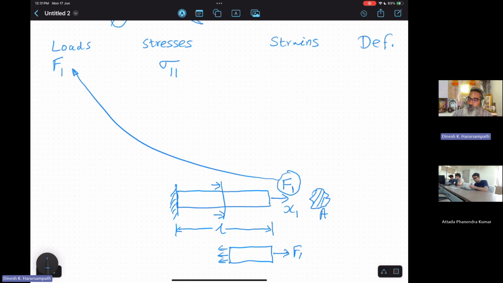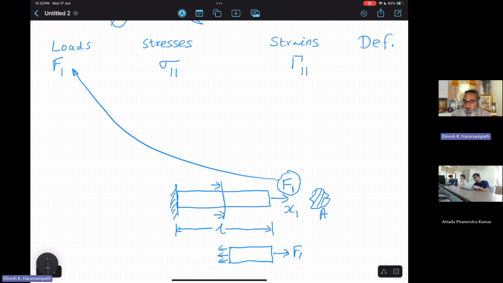Okay. So what do you think will be the strain occurring because of this sigma 1,1? What would be the main strain occurring because of this sigma 1,1? Gamma 1,1. Absolutely. So that's the direct effect.